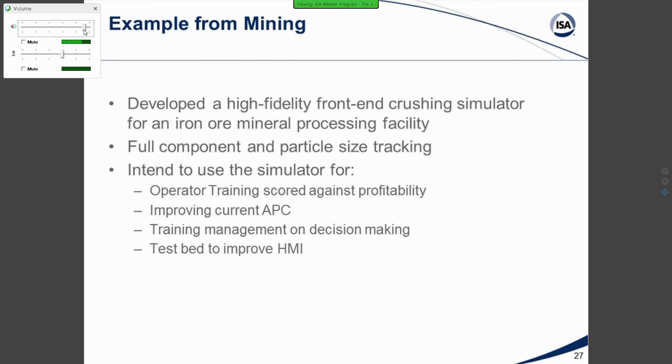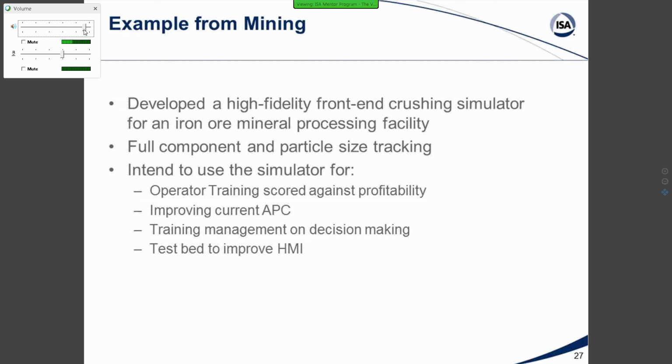They wanted to use it for operator training and specifically to train operators on their profitability, where they're scored against, okay, how much product did you make, what was your throughput, and what was your efficiency, so how much product were you losing while you're getting this throughput.